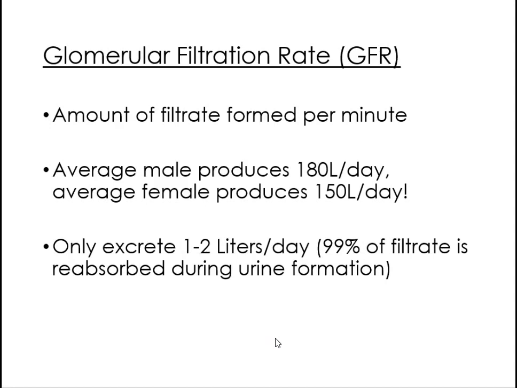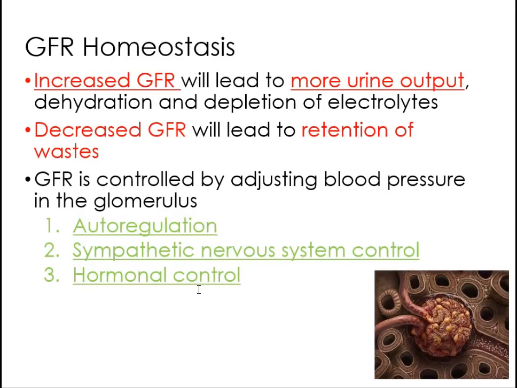So we filter it, we clean it, but a small amount is going to have urea, uric acid, maybe excess electrolytes. And that's what we call the waste, the stuff that we're going to push out. We can control that flow rate.